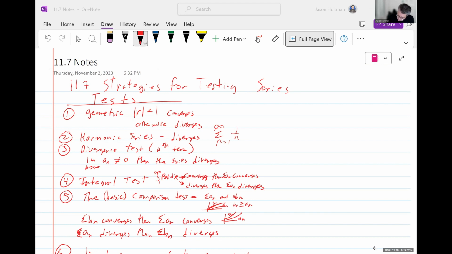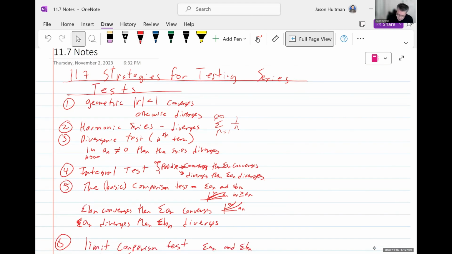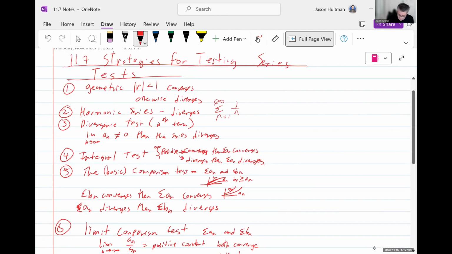Again, it's really just choosing the correct test for the correct series. So if we have something that's geometric, then we'll choose a geometric test. Absolute value of r is less than 1, converges, otherwise it diverges.